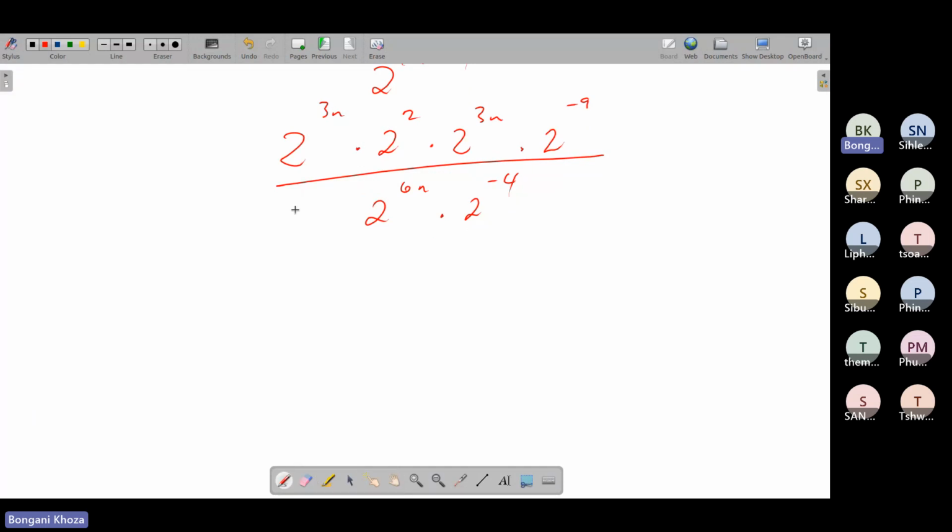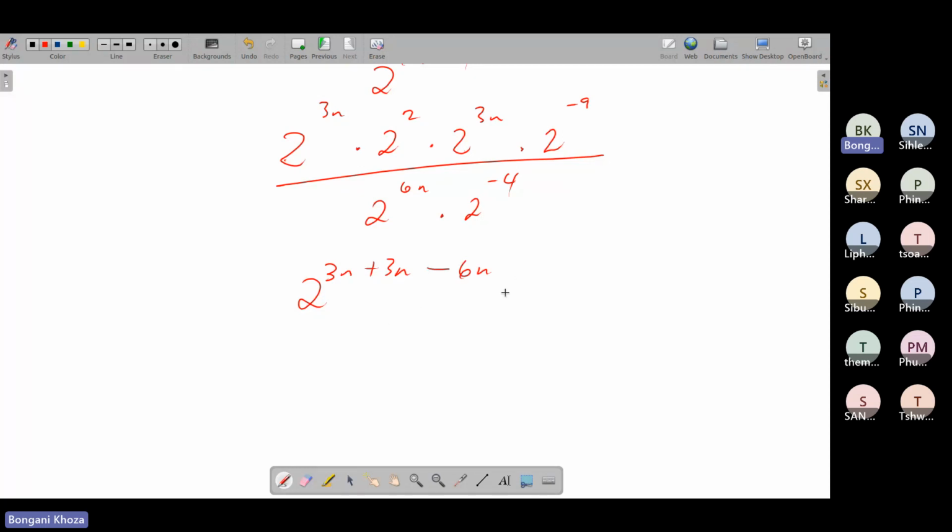What we will do, we'll just keep a single base and then collect all the exponents that have n according to the laws of exponents. So this one and that one are being multiplied together. So it will be 3n plus 3n. They are being multiplied together, so we add them. This one is being divided by. So if we divide, remember, we subtract that exponent. So this is what we have.